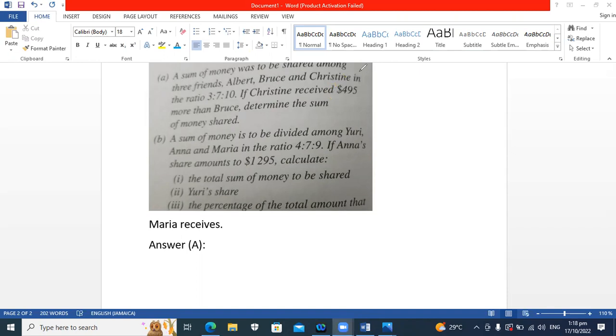Now, Albert, Bruce, and Christine are in a ratio. So would you agree with me that Albert is 3, Bruce is 7, and Christine is 10? Yes, sir.